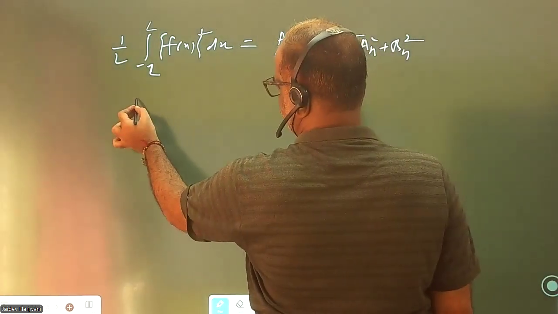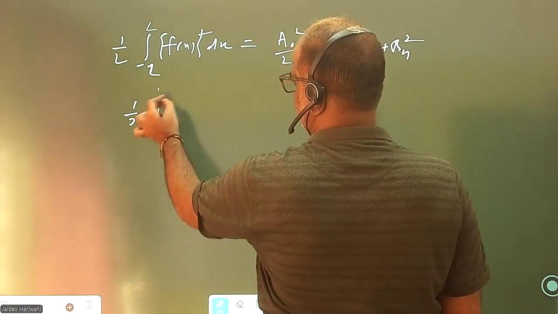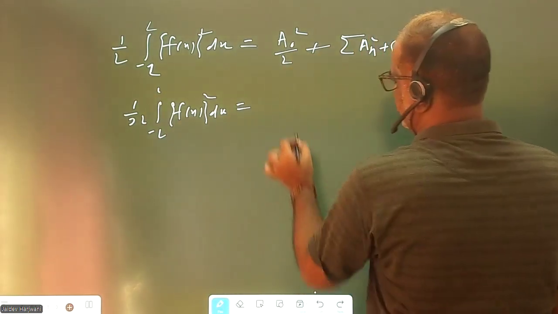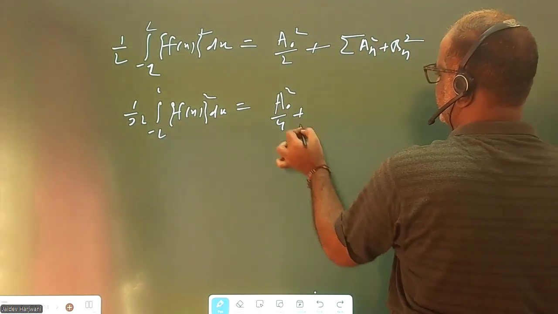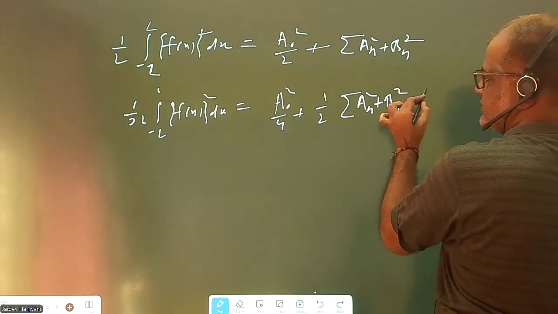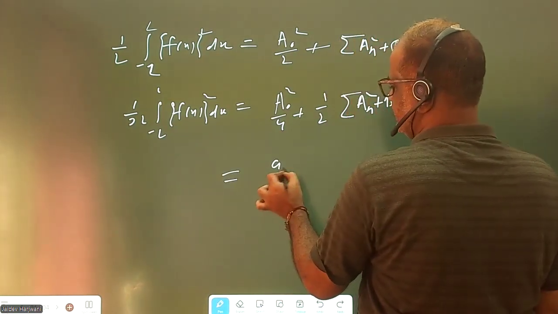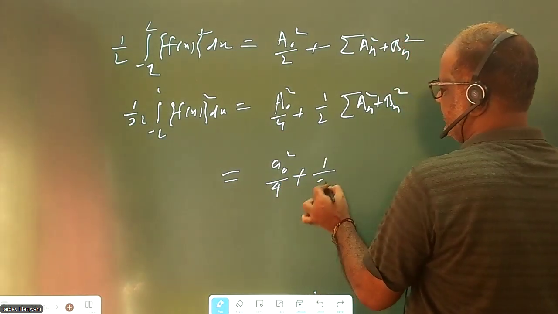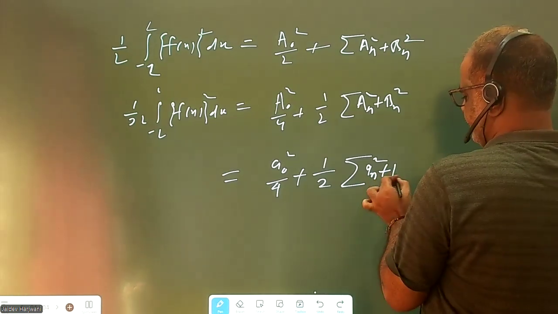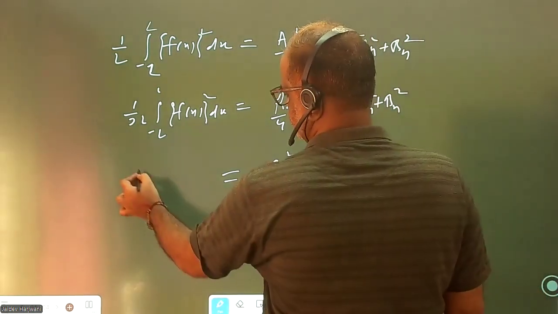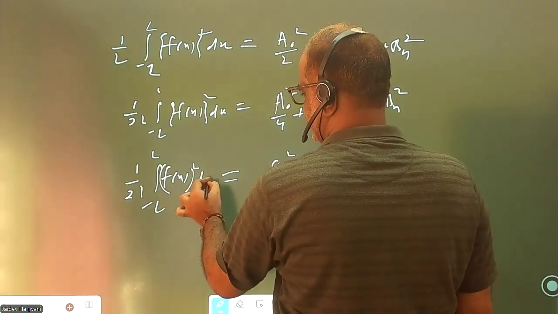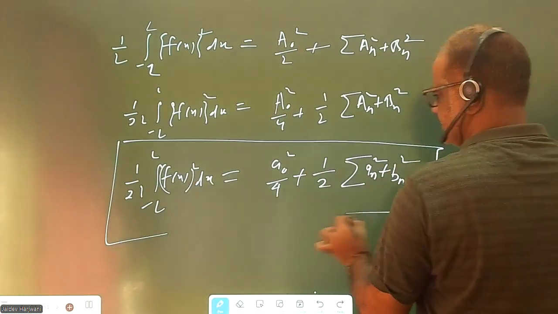If you divide by 2, this becomes the average, 1 upon 2L integral from minus L to L of f(x) square dx, equal to a naught square by 4 plus 1 upon 2 the sum of an square plus bn square. So this is my Parseval theorem.